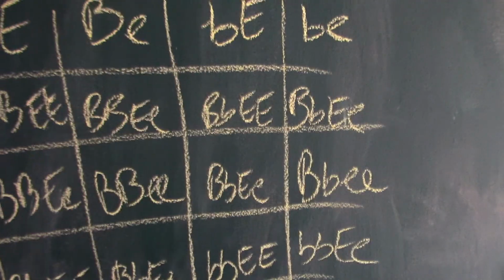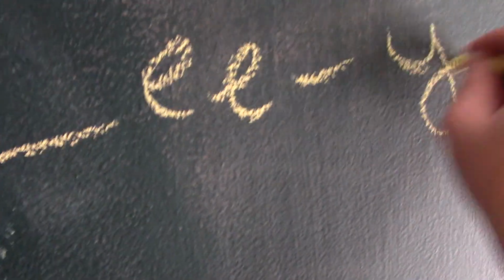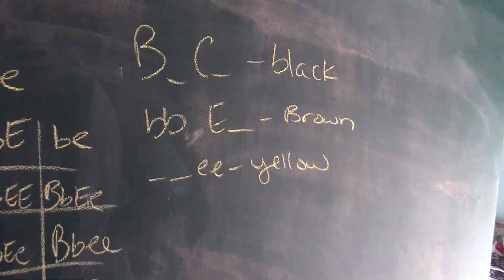Okay, so the question is asking, how many are black? How many will be chocolate labs? And how many will be yellow labs? All right, so that little e indicates absence of color. So we count them up.